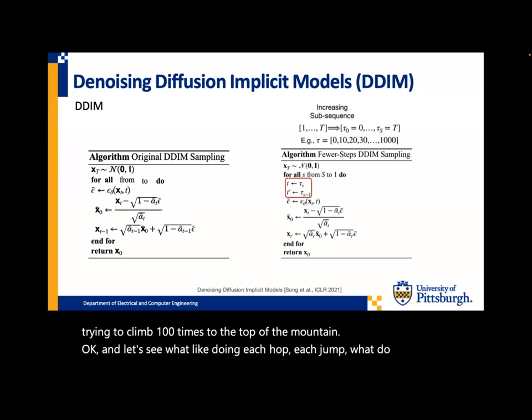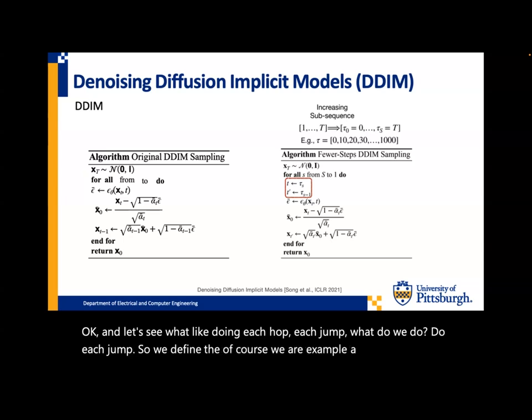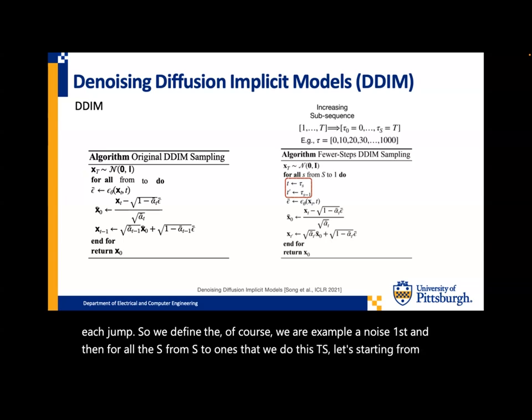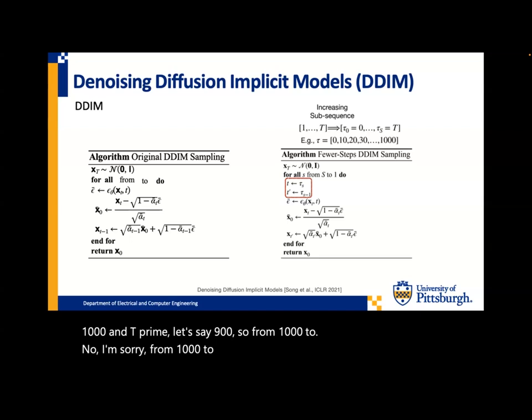During each jump, of course, we first sample a noise. And then for all the S from S to 1, we do this TS, starting from 1,000, and T prime, let's say 900. So from 1,000 to, no, I'm sorry, from 1,000 to 990, right? Because it's decreasing by 10.